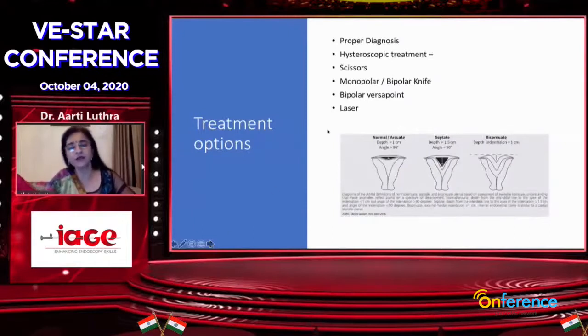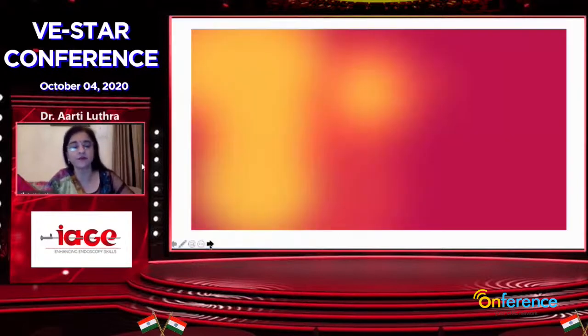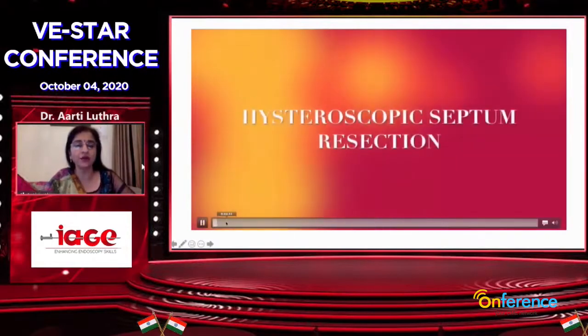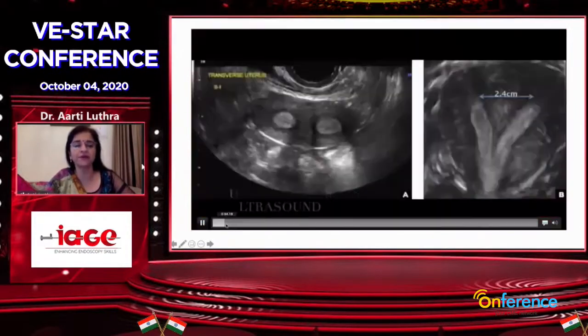A proper diagnosis of septum is very important before offering treatment. Nowadays, hysteroscopic treatment is the only treatment, as compared to about 3 decades ago when people were doing laparotomy for the management of septum, which had lots of complications and poor obstetric outcome. So I'm going to share this video for hysteroscopic septum dissection.